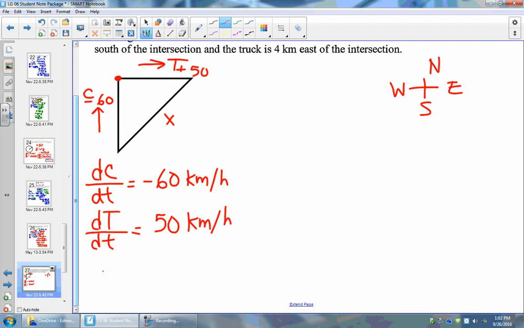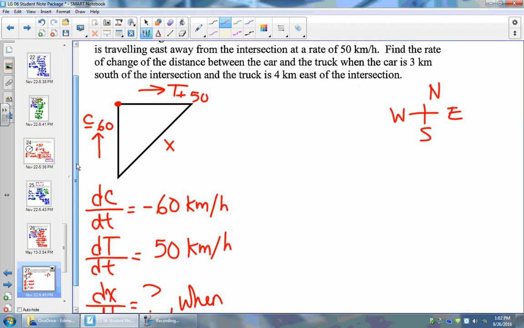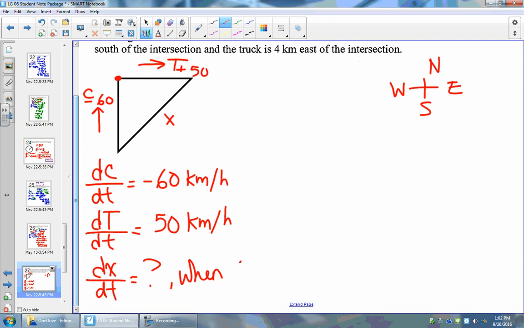So dx over dt is equal to something when, now let's go through that last little bit, when the car is 3 kilometers south of the intersection, so that must mean when c is equal to 3 and the truck is 4 kilometers east. So we've got a 3 and a 4 there. It always helps to organize your information like that because now we can set it up.